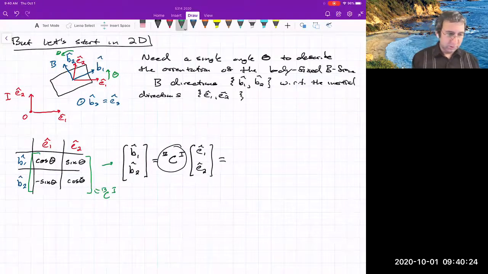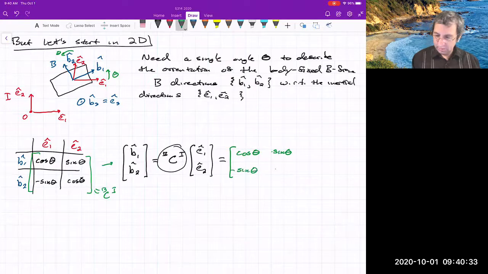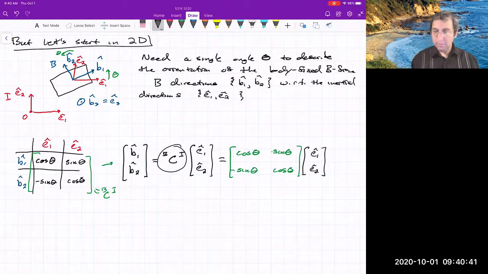So this equals the matrix cosine theta, sine theta, negative sine theta, cosine theta, times E1, E2. So in this case, we might say that theta is an Euler angle.